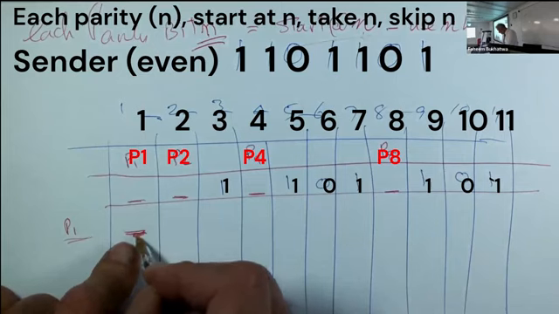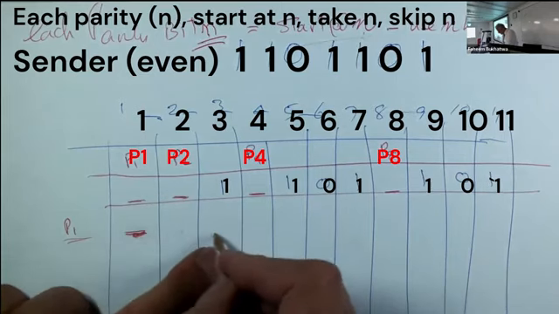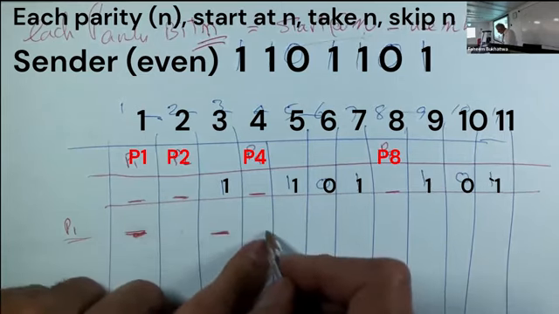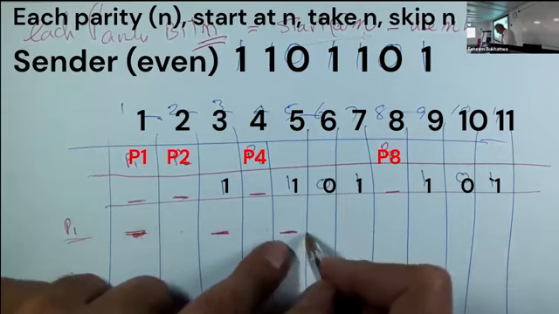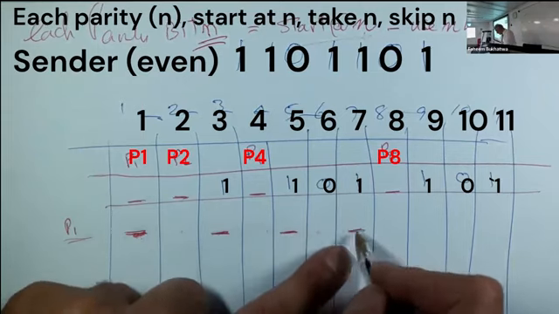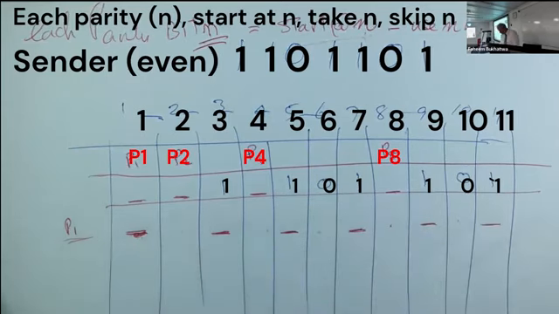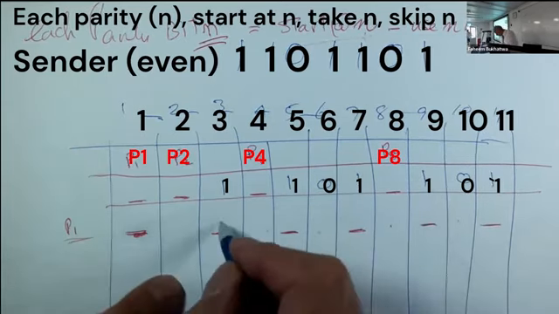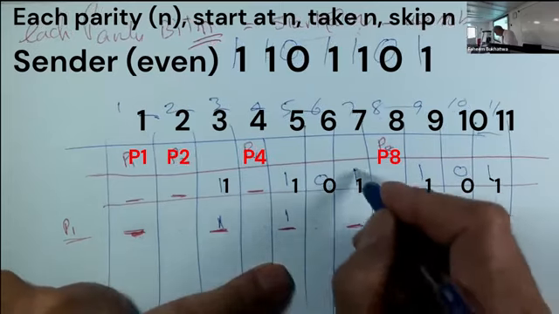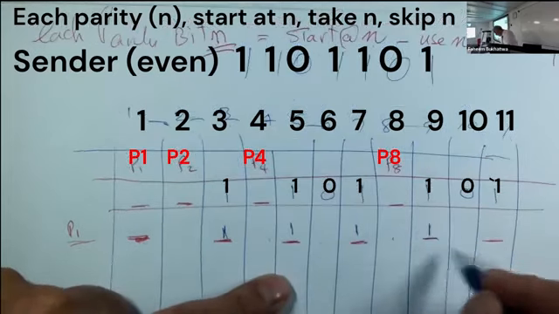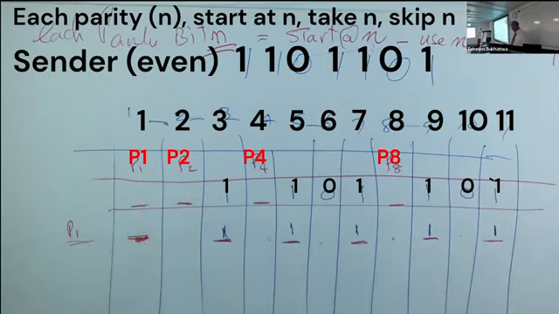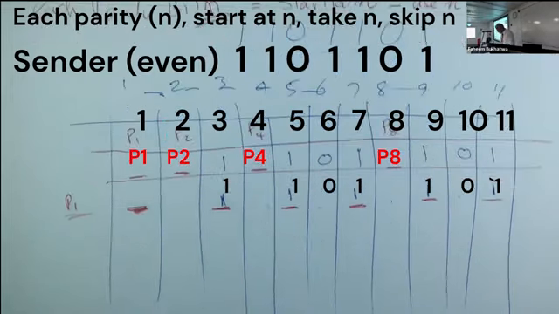We're going to use this one and skip this one and take this one and skip number 4 and take number 5 and skip number 6 and take number 7, skip number 8, take 9, skip this and this. So these are the bits that go into parity 1. This one here, that one there, this bit and that bit, and they're all 1 for some odd reason. Okay, so this is the group that goes with parity bit 1. Understand that?